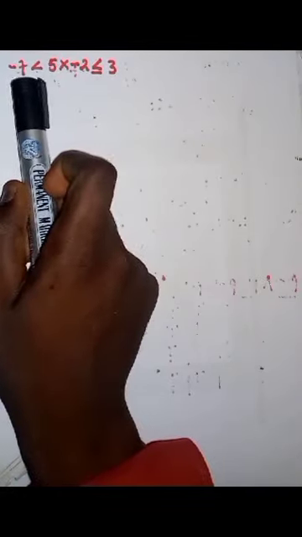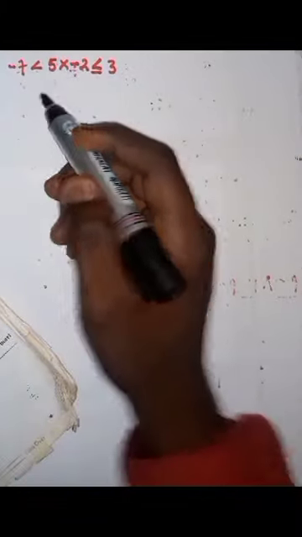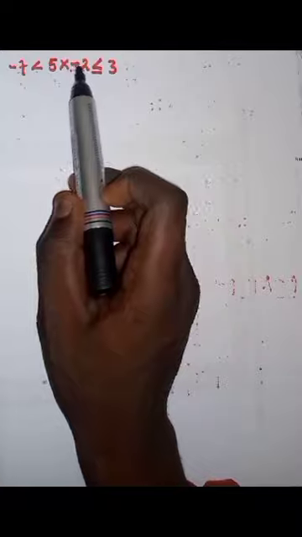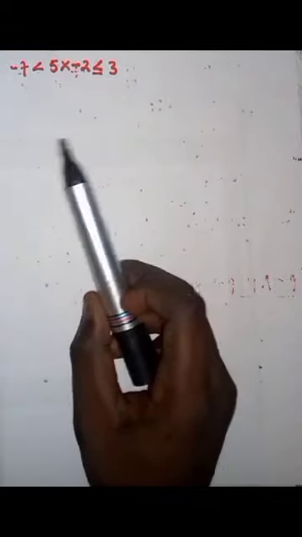Then question 4a is saying that we should solve the inequality -7 less than 5x minus 2 less than or equal to 3. Good. So let's proceed. There are two possible ways in which we can solve this inequality, but the best way, which is very fast and easy, is to make x alone.